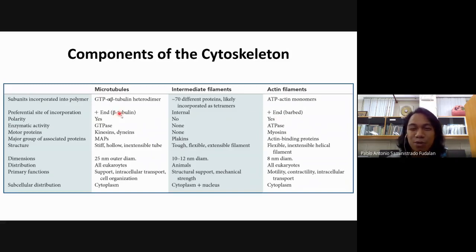Notice in the intermediate filament, there is no polarity, and therefore they cannot guide a motor protein in which direction it should move. So there are no motor proteins involved in intermediate filaments, but there are for microtubules and actin filaments.